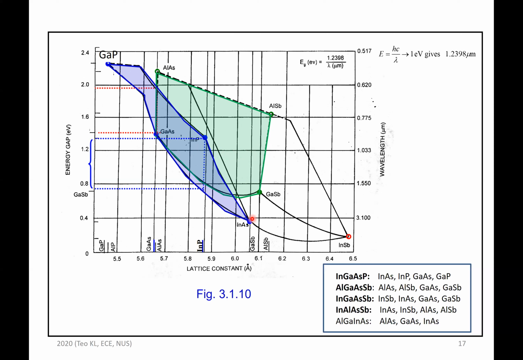And if you look down, this is the lattice constant of gallium antimonide. So therefore I can grow this quaternary alloy. Or I can grow on an indium phosphide substrate. So 1.2 eV: if you take this as the green region, somewhere down here I can grow on an indium phosphide substrate.